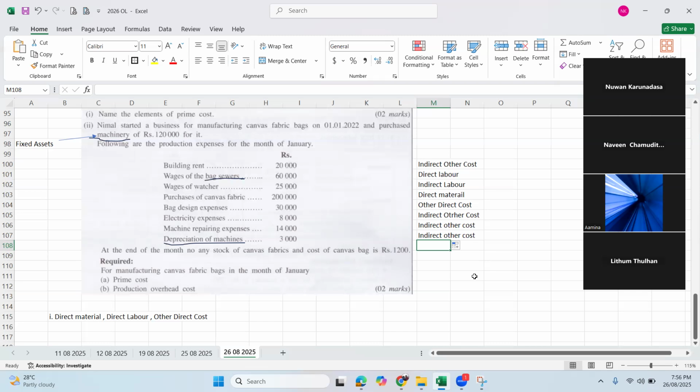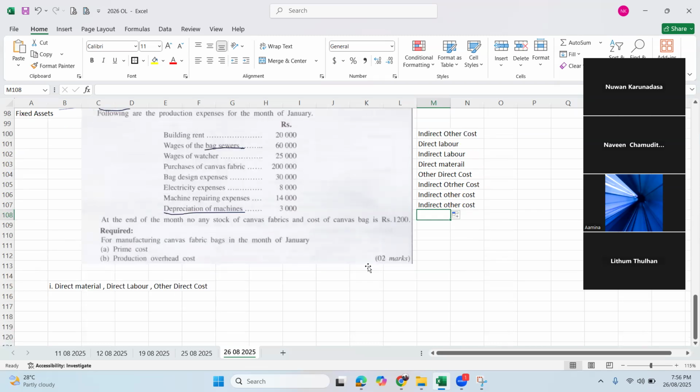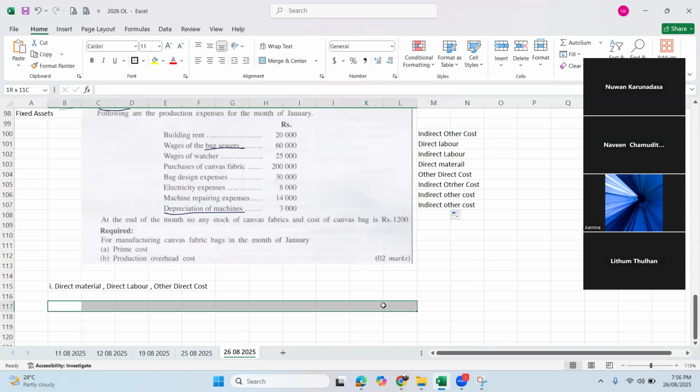They're asking you to prepare the manufacturing canvas bag statement for the month of Jan 2022, showing prime cost and production overhead cost. If you prepare the manufacturing cost statement here, then it's easy to calculate all these answers. I will show you the format.